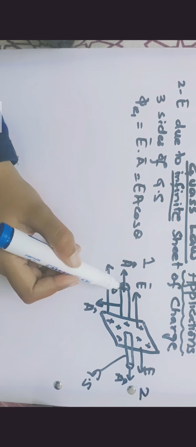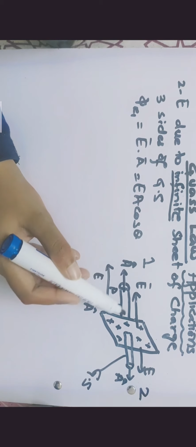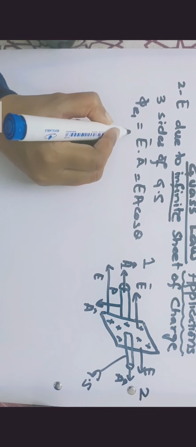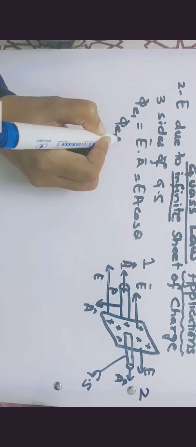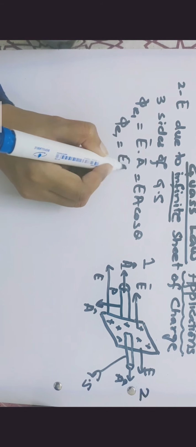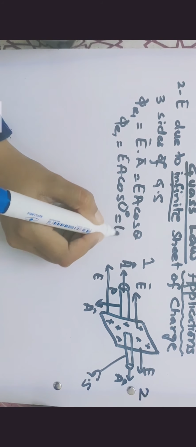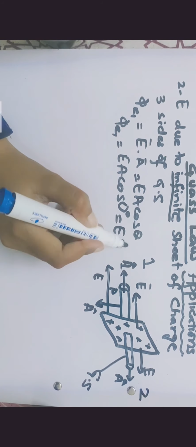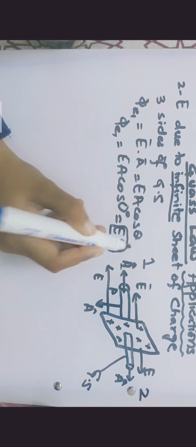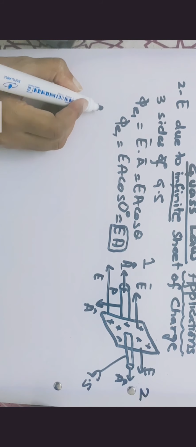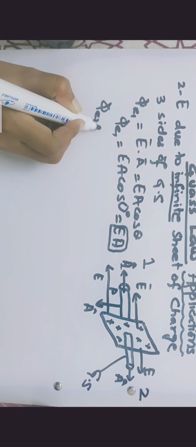For this end face, the direction of A and E are in the same direction, so the angle is 0 degrees, and the flux for this side would be EA.